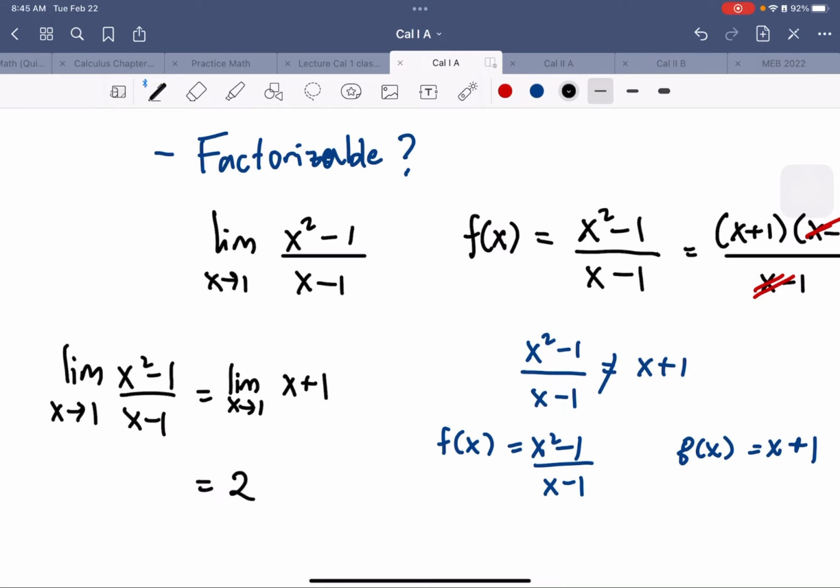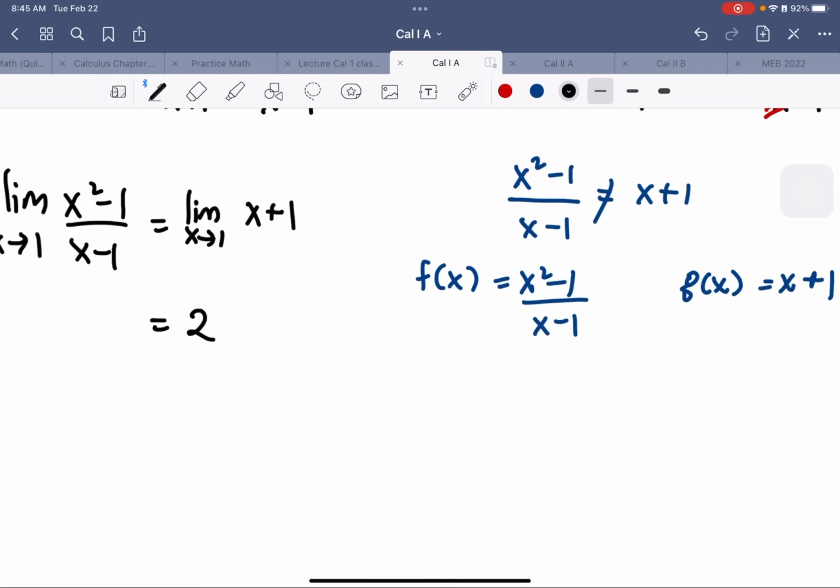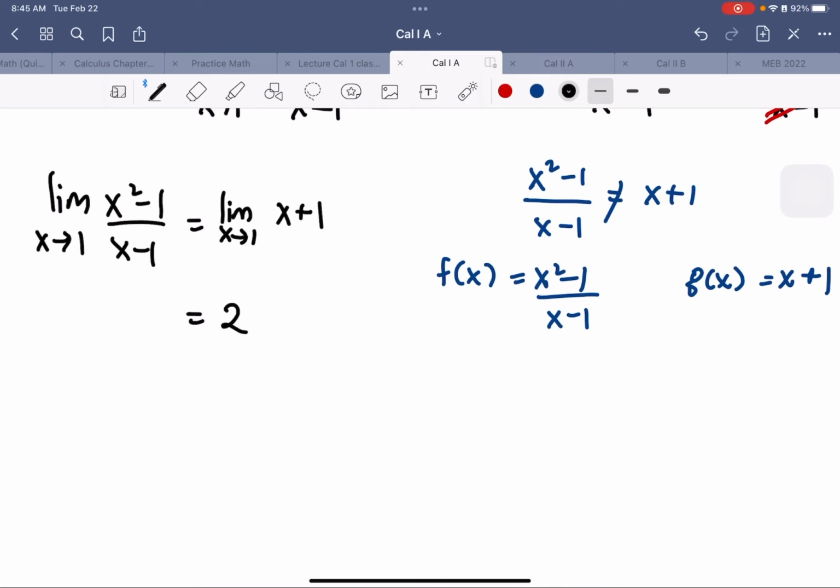And that's why when you have calculations, maybe since high school, what will you do here? Oh, we can factorize, and then we have 2. But actually, it's more than that. So maybe we can write a theorem.